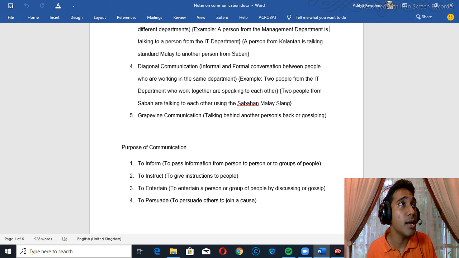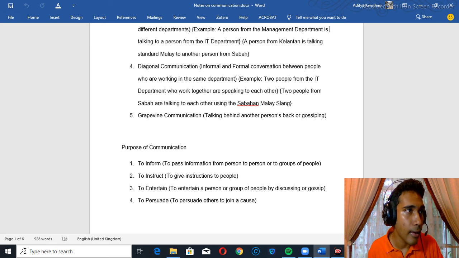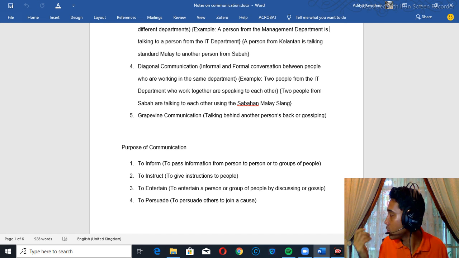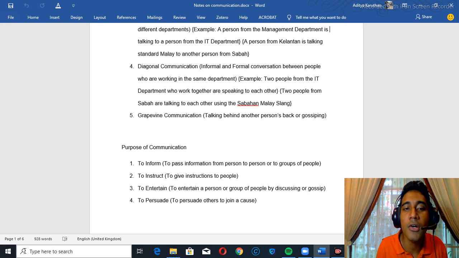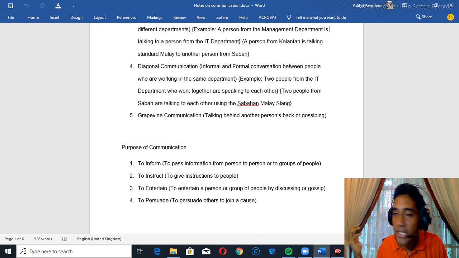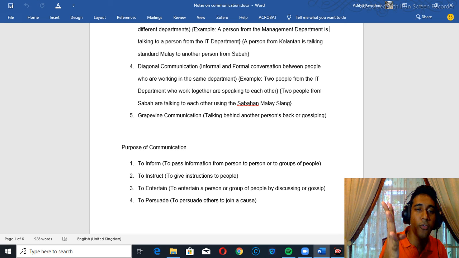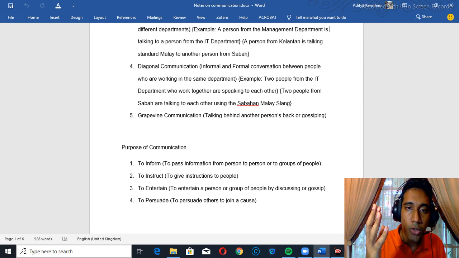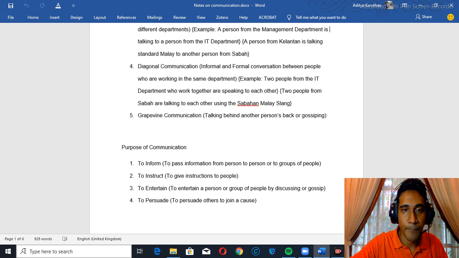So he'll say, take the wheel, take the brake, try to fix the brake into the wheel. Number 3, to entertain. Normally to gossip someone. Remember, to entertain is to talk about things that are not important. And number 4, to persuade. Imagine a candidate of an election trying to persuade you to vote for him.